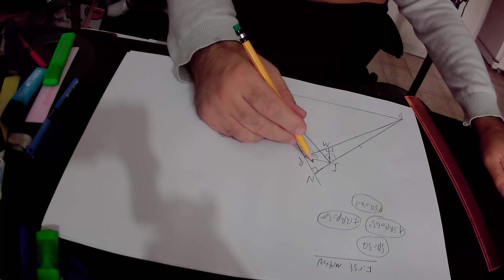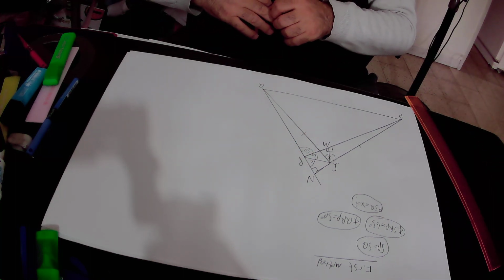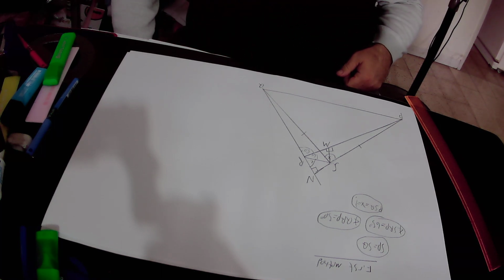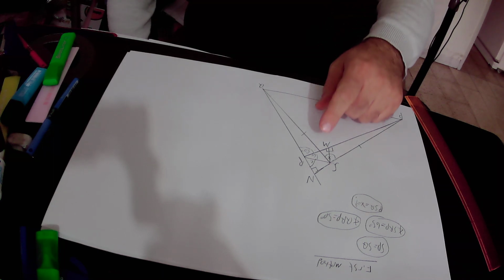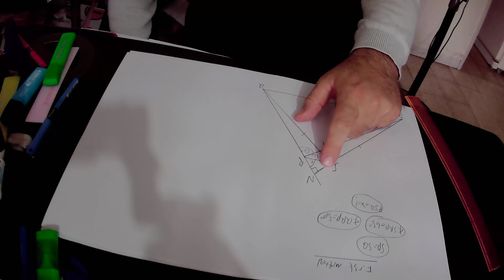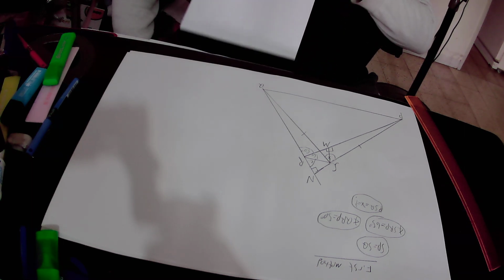We will define this angle as angle Z, and we know that QN is a straight line, and the sum of the angles on a straight line equals 180 degrees. The sum of the angles at this side of point R equals 180 degrees.